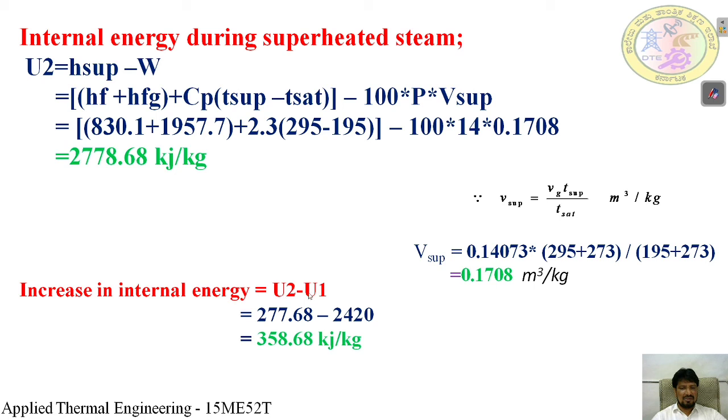This is equal to U2 minus U1. We know the value of U2 is 2778.68 minus U1 value given in the problem, 2420. The difference of this you will get is 358.68 kilojoules per kg. So this is the increase in internal energy.